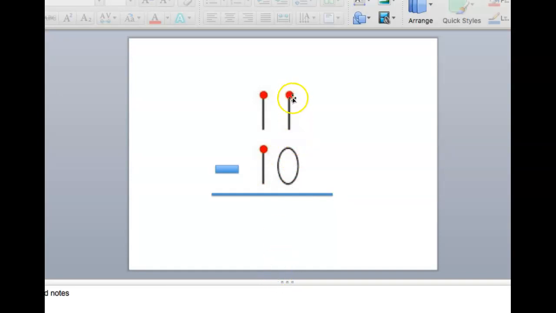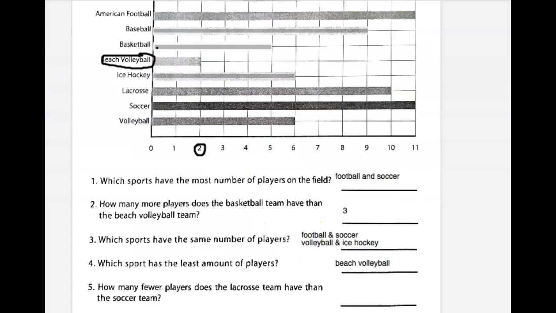So we're just going to count backwards. 1 minus 0 first is 1. And then 1 minus 1 is 0. So our answer is 1. How many fewer players does the lacrosse team have than the soccer team? 1 is our answer.